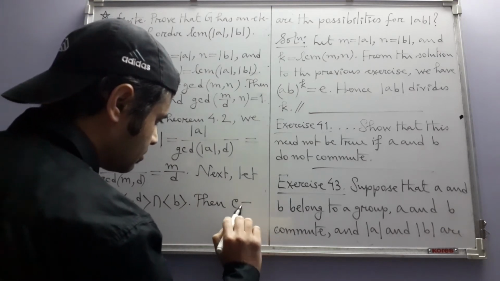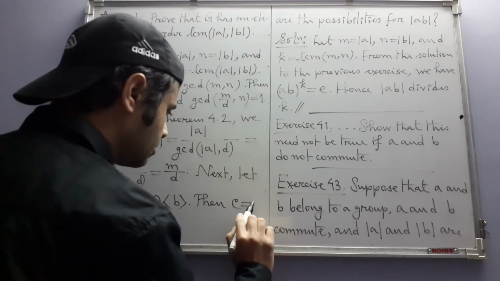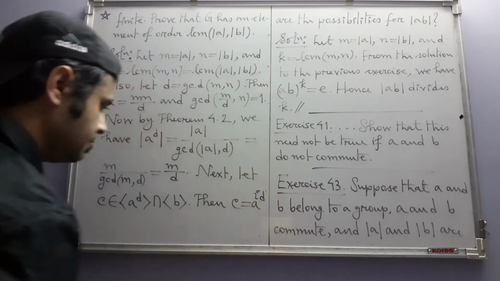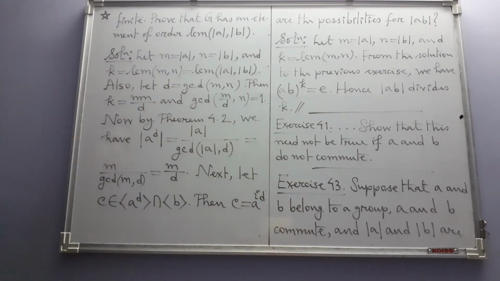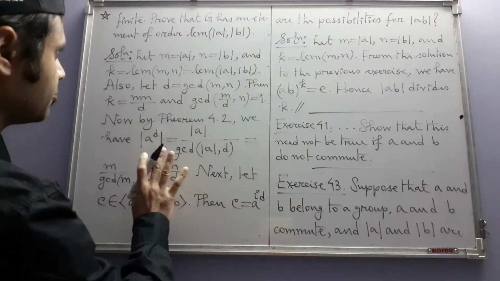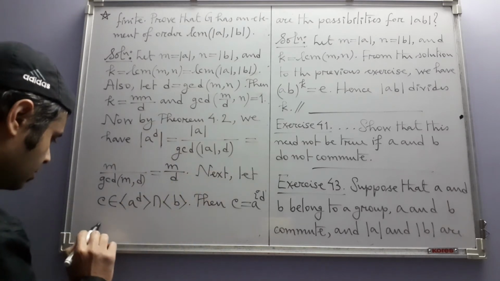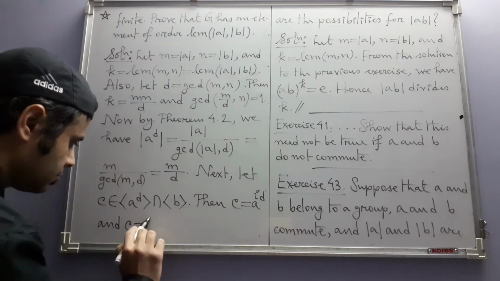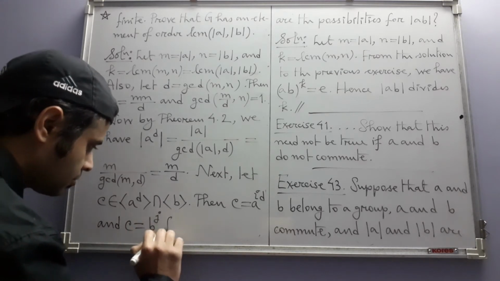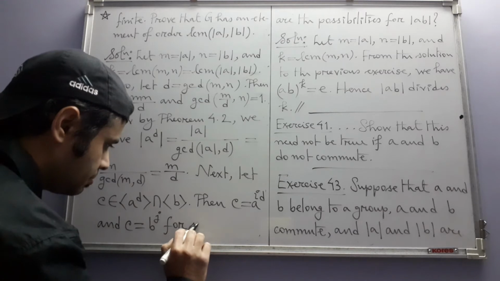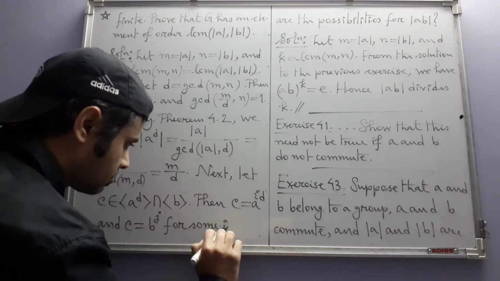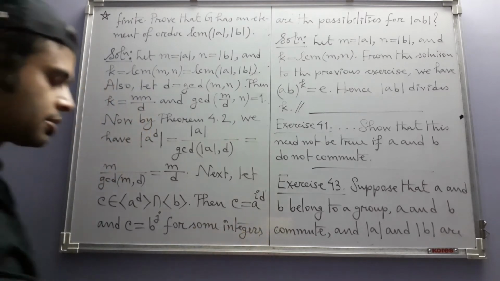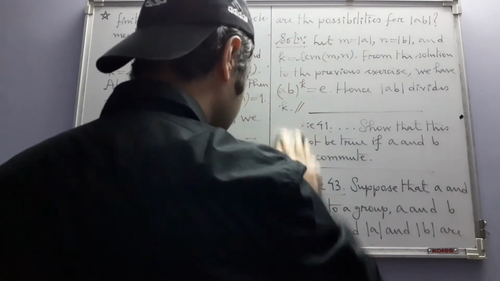Then C is equal to a to the power id, and at the same time, C is also a power of b, for some integers i and j.